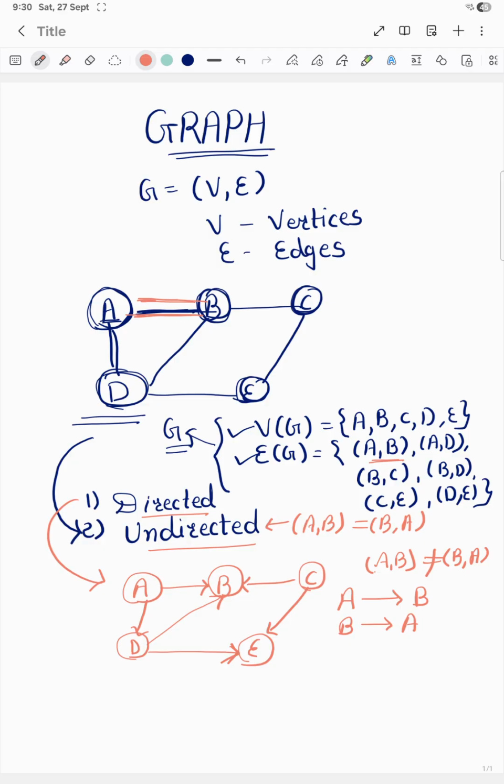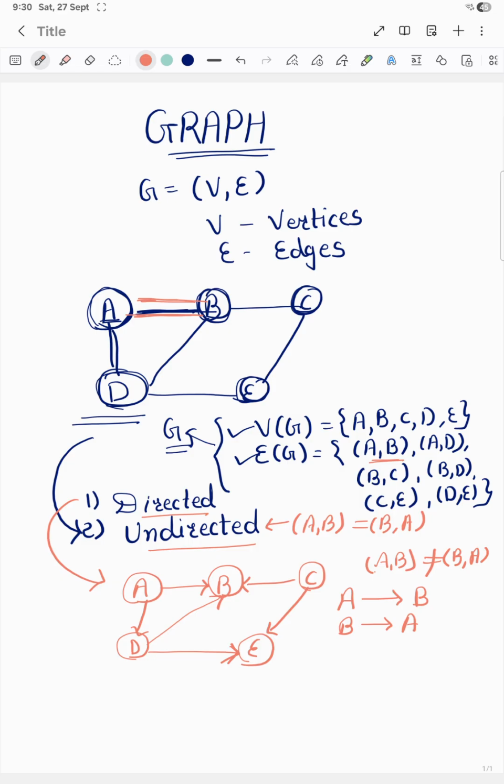Moreover, a graph is often viewed as a generalization of a tree structure, because in a tree we have seen the parent-child relationship. So here also it's like a generalization of that.